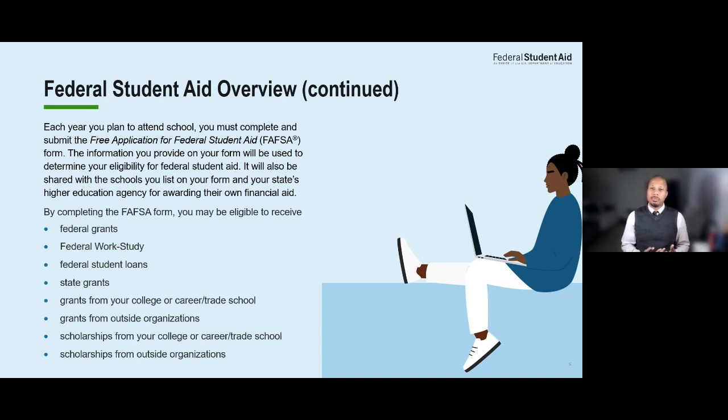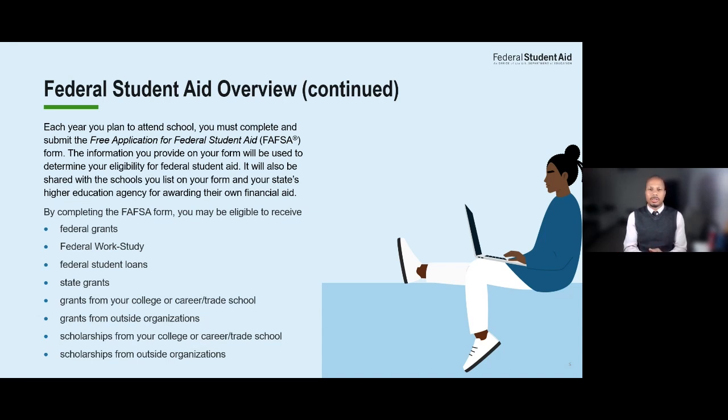Now, the FAFSA form is also used by colleges, universities, and career schools, who look for their own internal aid in terms of institutional grant funding or institutional financial aid. So you want to reach out to the financial aid office at the college that you are planning to enroll at to find out where you can access that information.